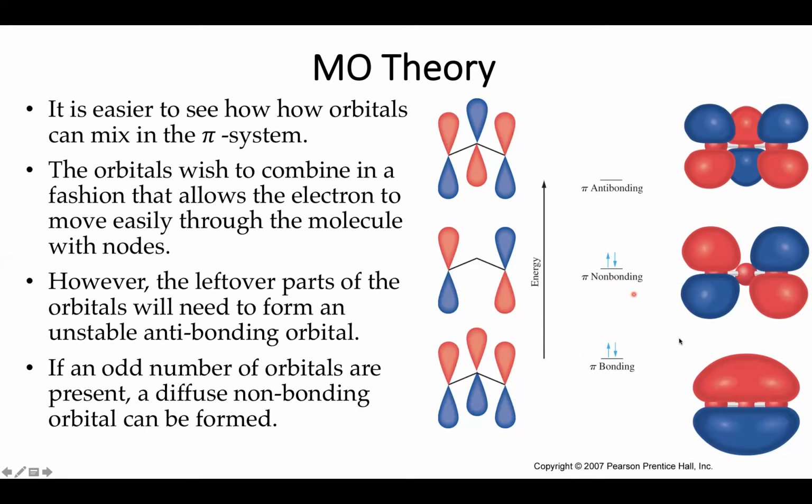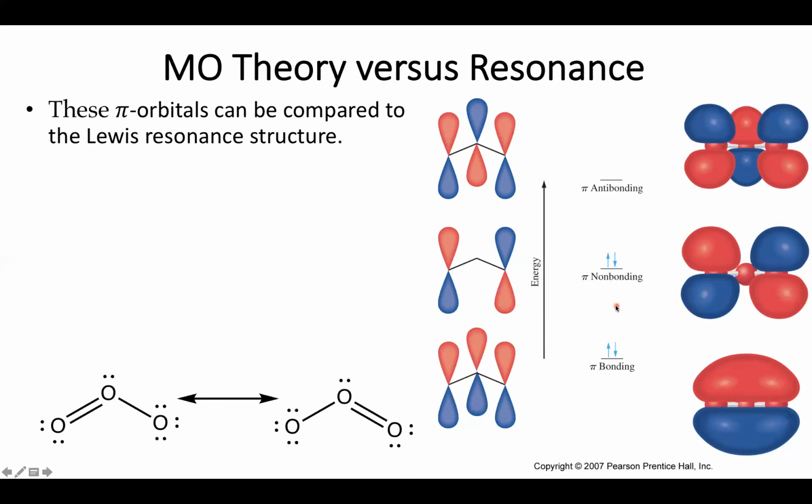Now, one of the very cool things we can do with this sort of simple MO diagram is compare it to our Lewis structure. And if you remember, our Lewis structure for ozone produced a resonance structure, one where I have a pi bond in between one set of oxygen atoms and one where I have a pi bond in between the other set of oxygen atoms. Now, when I compare this to the MO diagram, what I find is I've got a pi bond in between all 3 oxygen atoms.